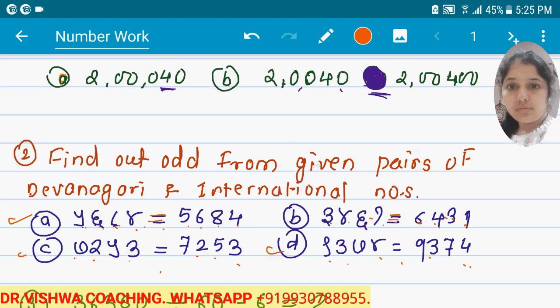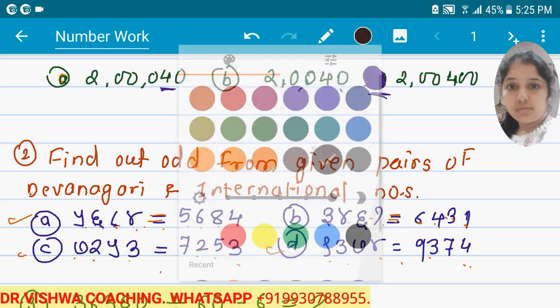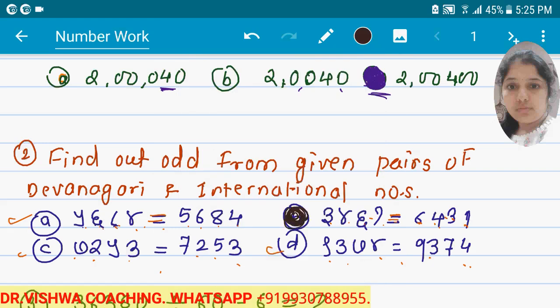So which one is odd? The pair of 3467 and 6431 is the odd one. So you have to fill the circle like this and choose the answer. This was a very simple question. Now we will move ahead to the next question.